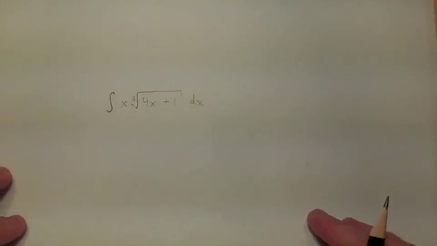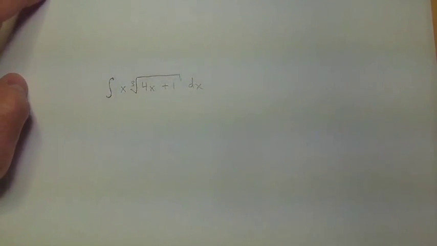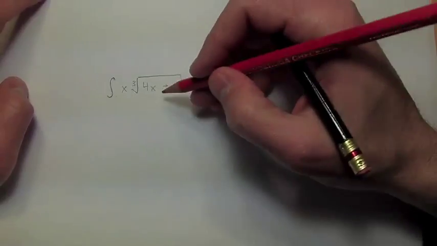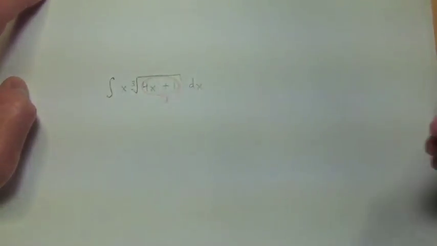Alright, next example. Let's say I have the integral of x times the cubed root of 4x plus 1. So once again, I'm going to let this guy be u.